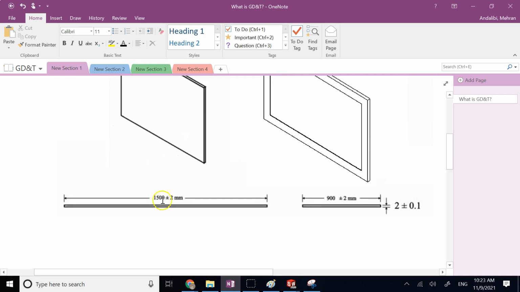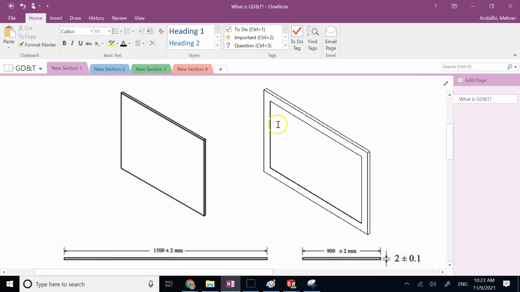For example, if it's much bigger than 1500, and by much bigger, I'm not talking about several hundred mils, maybe even 10 mils. If it's like 1510, then the size of this pocket is definitely not 1510, it's less than 1510. So I have to either cut the wall or break the mirror. Both of them are not easy operations, especially the mirror. Or I have to manufacture the mirror again because it's not going to fit.